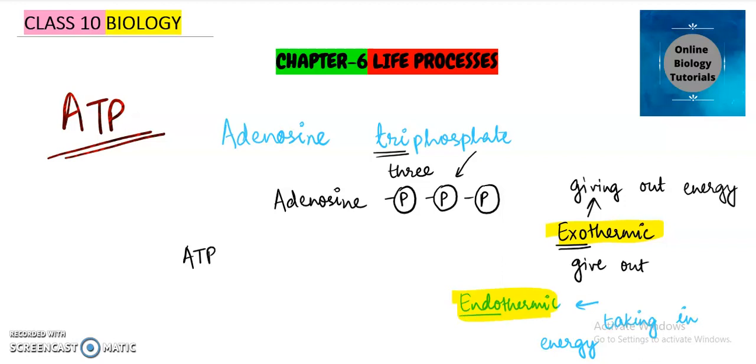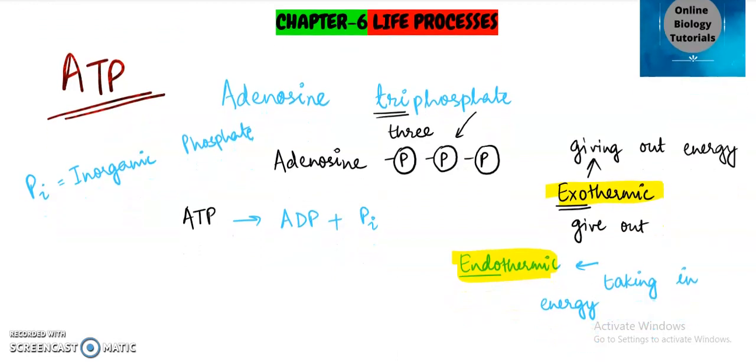So whenever ATP gets broken down, it breaks down to form ADP plus a phosphate. This phosphate is inorganic in nature, that is why we write it as Pi. Pi means inorganic phosphate, right? And here ADP stands for adenosine diphosphate.